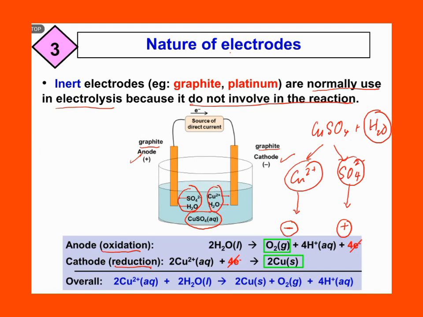At the anode, oxidation occurs, so the water will be selected to release oxygen, while at the cathode, the copper ion will be selected to become an atom. So the overall equation can be written as 2 copper ion aqueous plus water to give copper solid and oxygen.